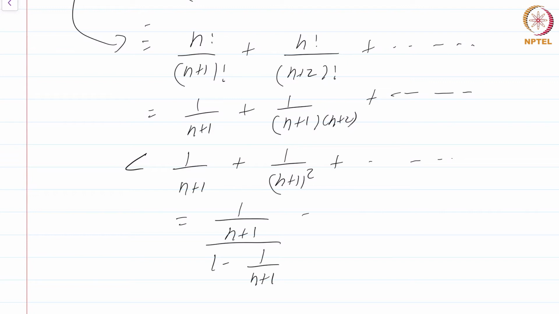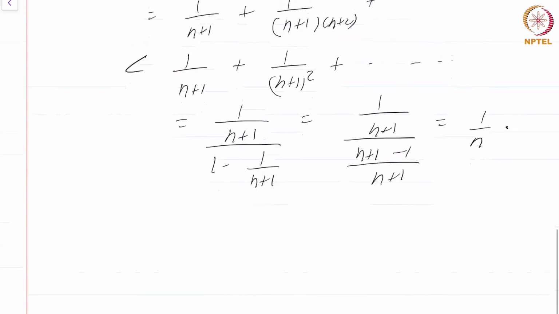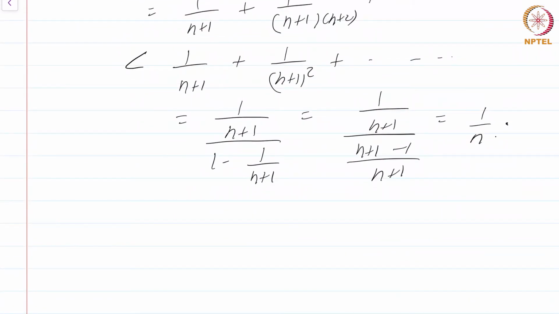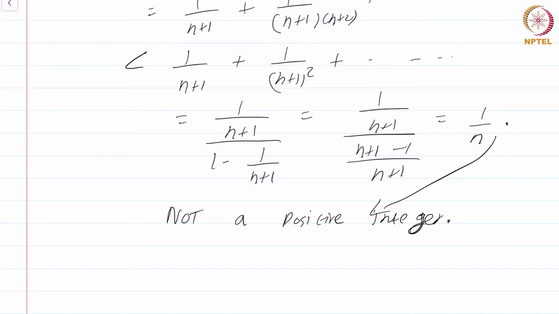This is just 1 by n plus 1 divided by n by n plus 1, which is equal to 1 by n, right? This 1 by n is certainly not a positive integer, right? This is a contradiction.